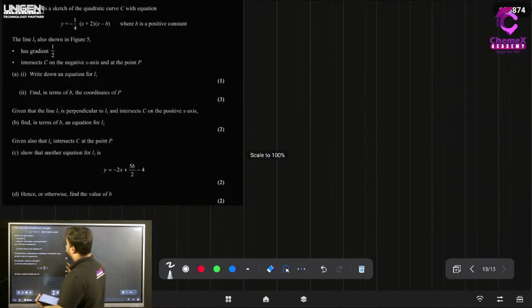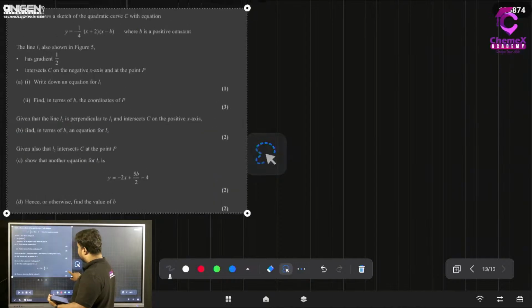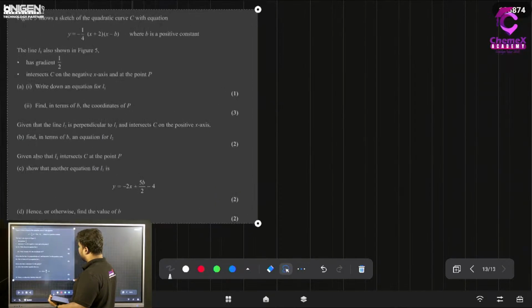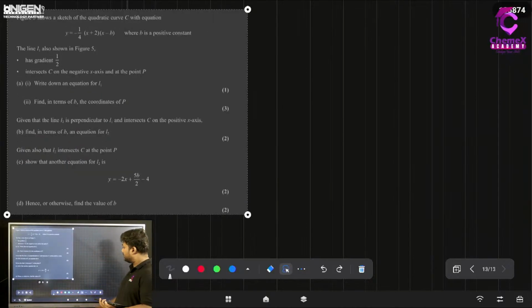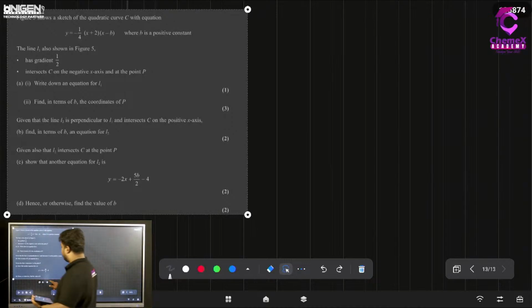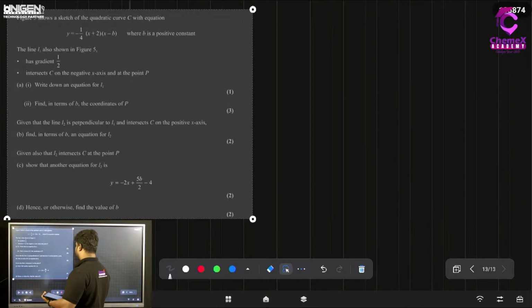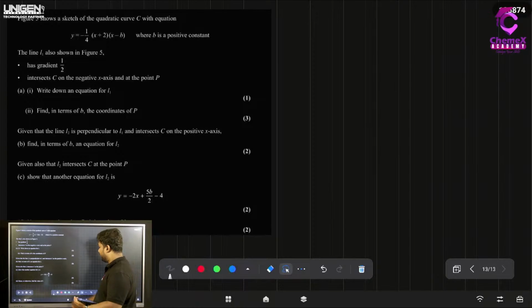Okay, the next question. So that's it with the paper, right? Okay, this is a copy of the same exact thing, I think. Or is there another part of it? I found the b coordinate.